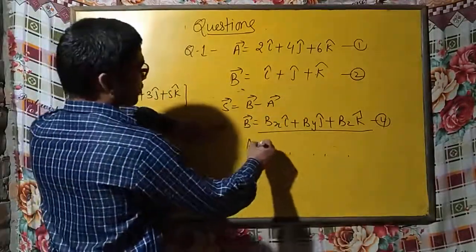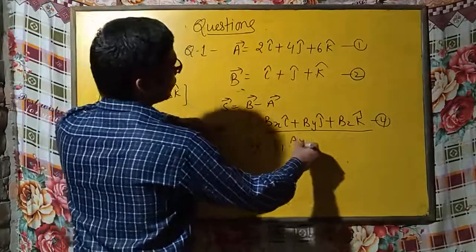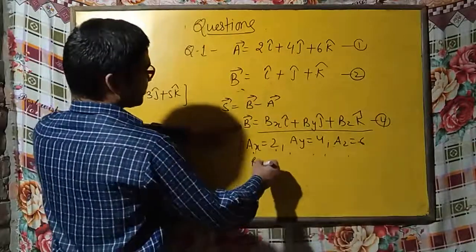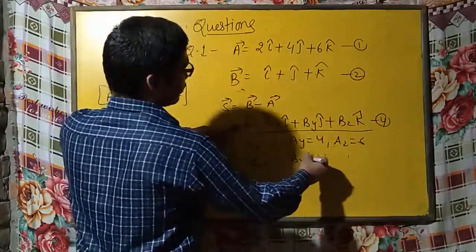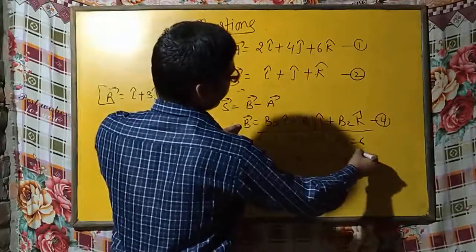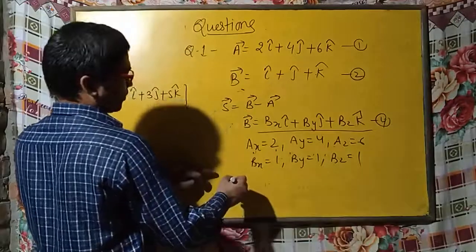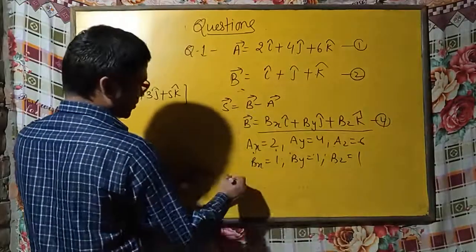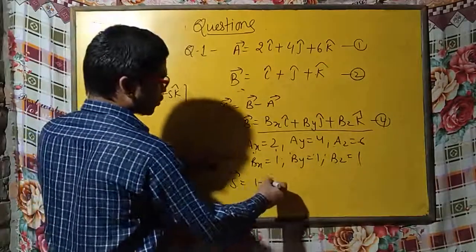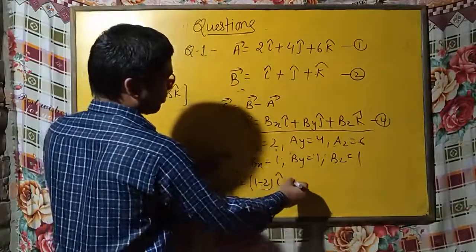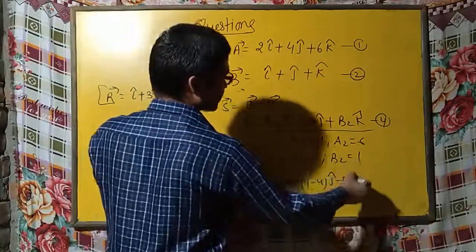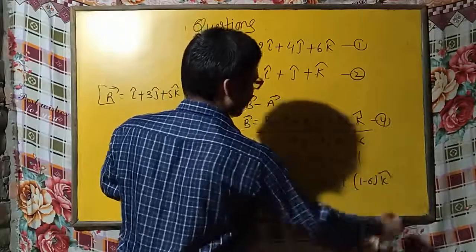So you will get ax is equal to 2, ay is equal to 4 and az is equal to 6, and bx is equal to 1, by is equal to 1 and bz is equal to 1. So your aim is to find b minus a. It means s is equal to 1 minus 2, coefficient of i, plus 1 minus 4, coefficient of j, plus 1 minus 6, coefficient of k.